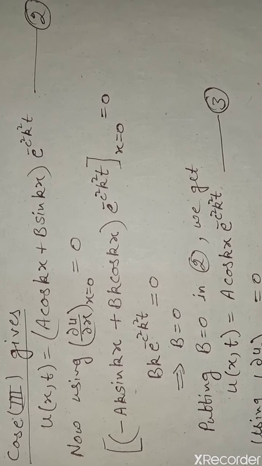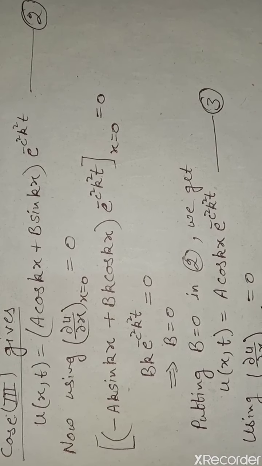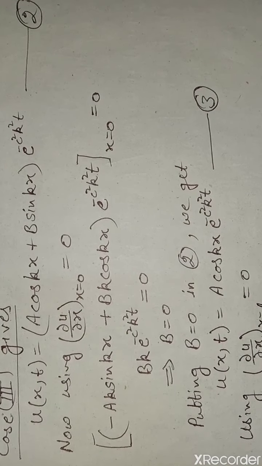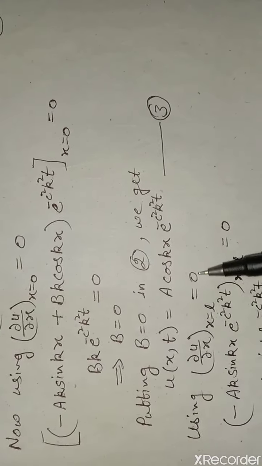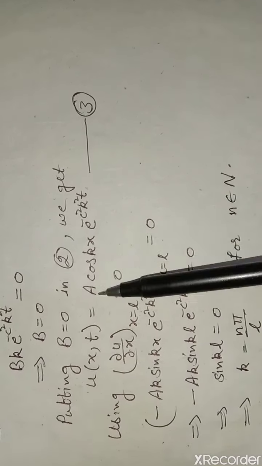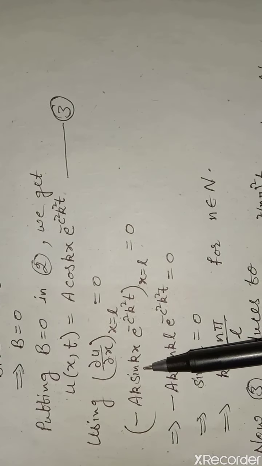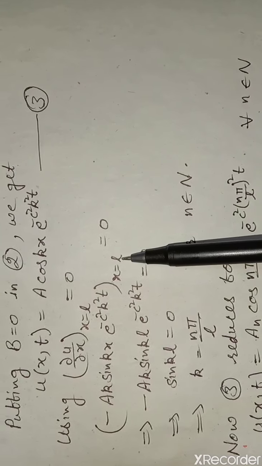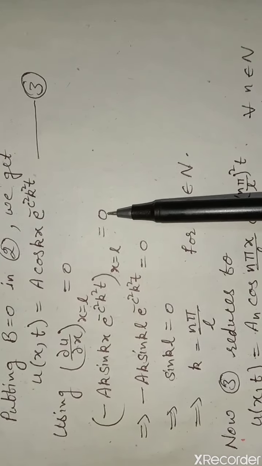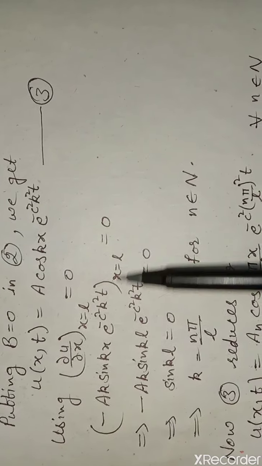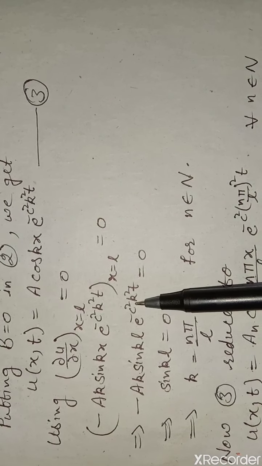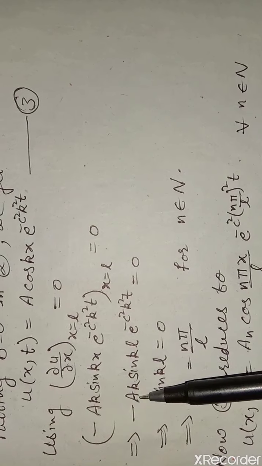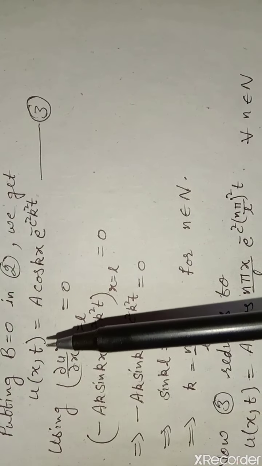Now again we use another boundary condition, del u by del x at x is equal to L is 0. So again we differentiate this with respect to x and put x is equal to L and equate this to 0. So when we put x is equal to L, we get this. Again exponential can never be 0. A is not equal to 0 because b is already 0.